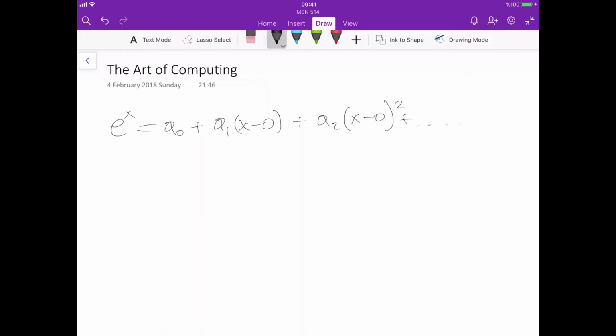So let's remember the definition. Help me out with this. What was the definition? The sum from n equals 0 to infinity, the nth derivative of f(x), right?